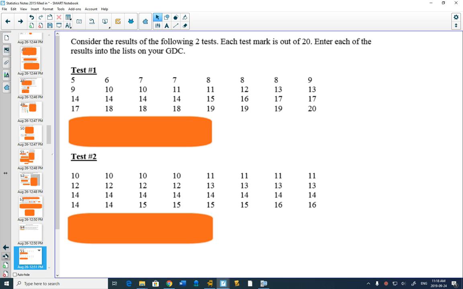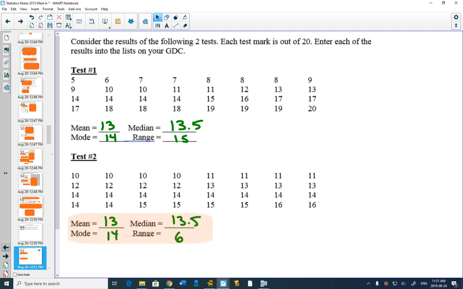And I want you to calculate the mean, median, mode, and range for both of them. And were you able to get mean, median, and mode from your calculator?